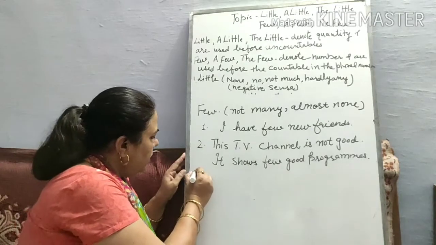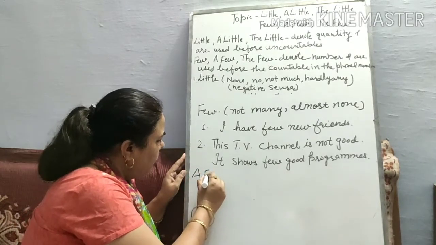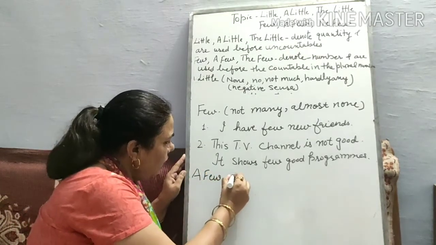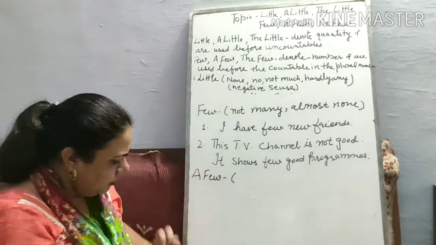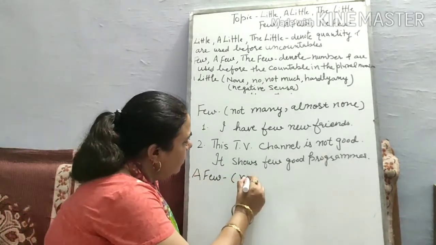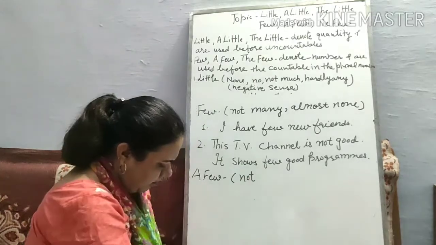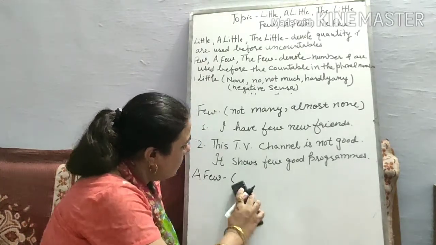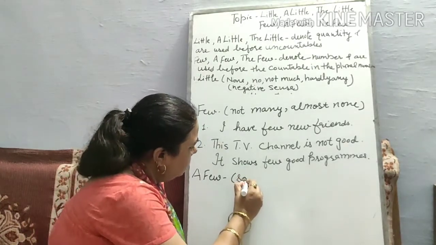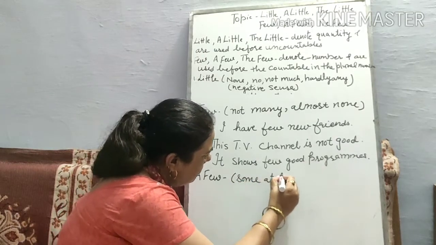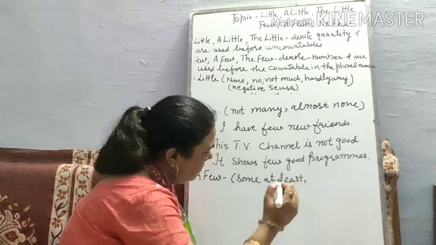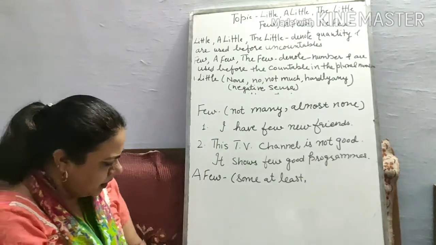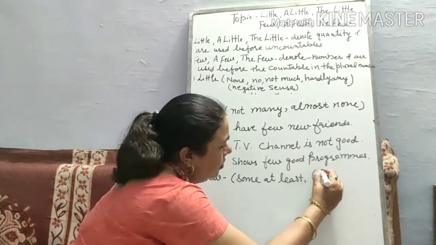Next we take a few. What is the meaning of a few? A few we count as not many, but some at least. Some at least we take for that, though not many.